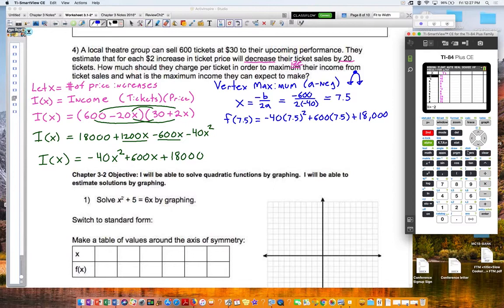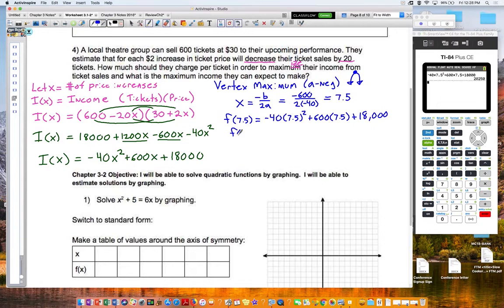Negative 40 times 7.5 squared, whoops, I forgot the negative, plus 600 times 7.5 plus 18,000. Hit enter. Look at that. I get the max income. So f of 7.5, I have my income, $20,250.